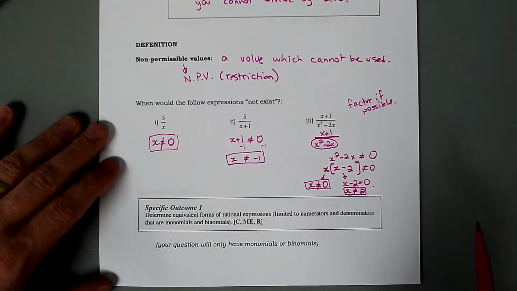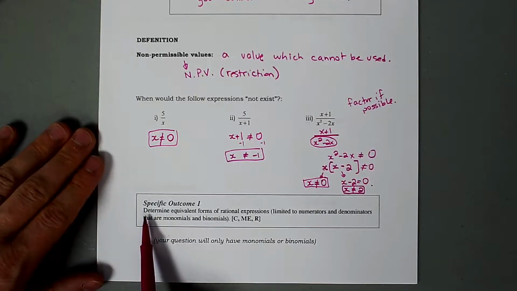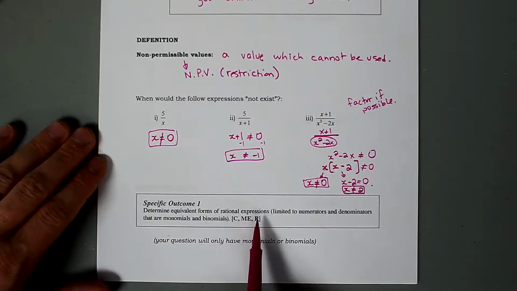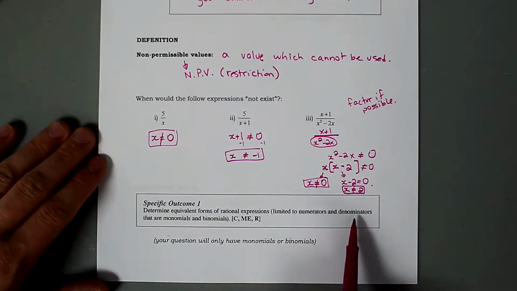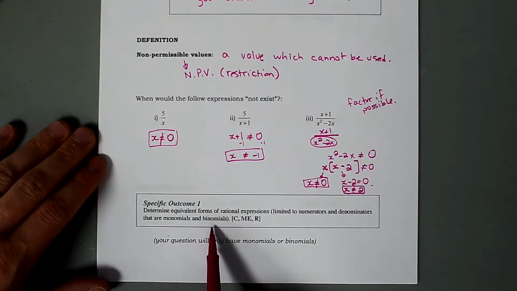Now, in Math 30-2, Alberta Education has said that we are asked to determine equivalent forms of rational expressions. We are going to be limited to numerators, top, and denominators, bottoms, that are monomials and binomials.